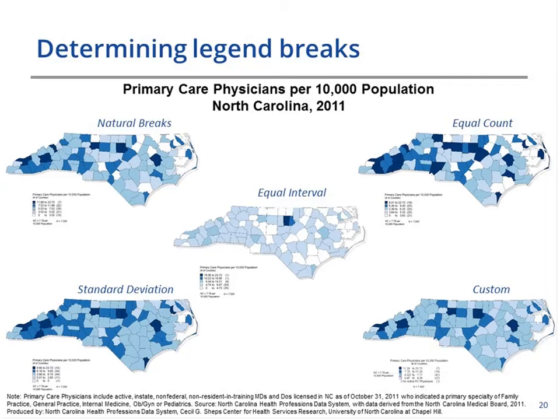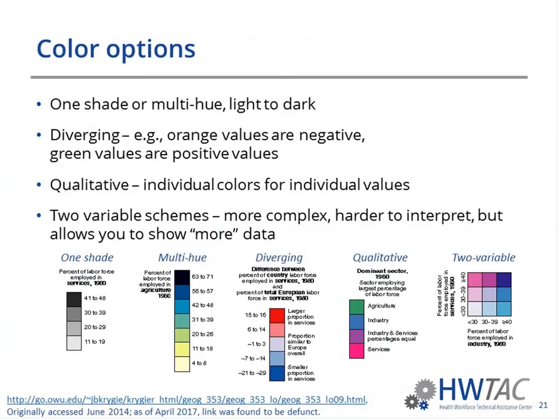All right. Color is very important when you are making maps. Sometimes color will make or break a map, to be honest. At the bottom are some examples. You can have one shade, so that shows light gray to dark gray on the bottom left. You can go from light blue to dark blue or orange or whatever color you want.